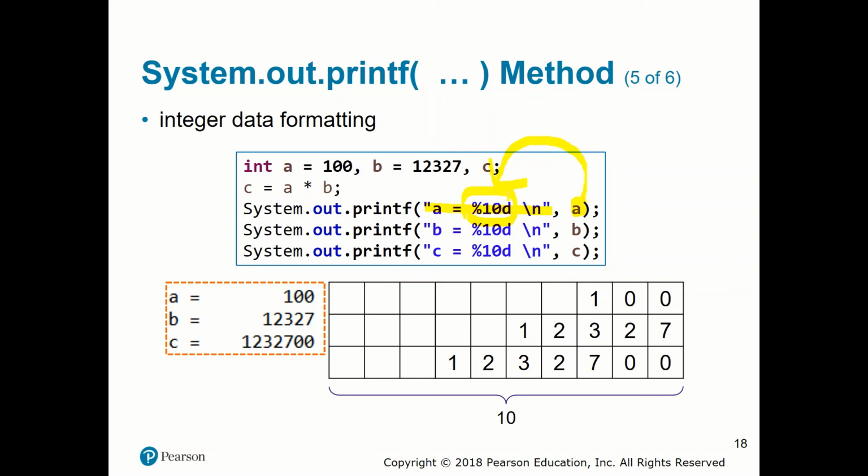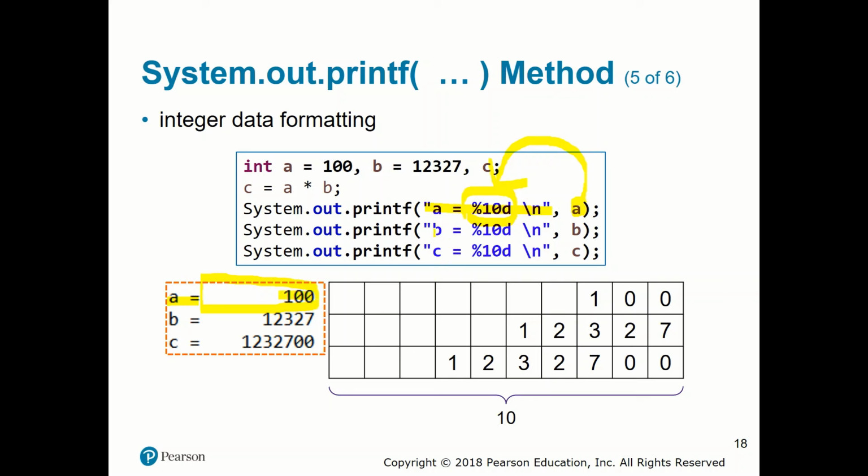And 10 means make 10 spaces for a. So if you see the result, a equals is printed out, and then the computer makes 10 spaces for a, and the value of a is 100, so 100 is printed out.